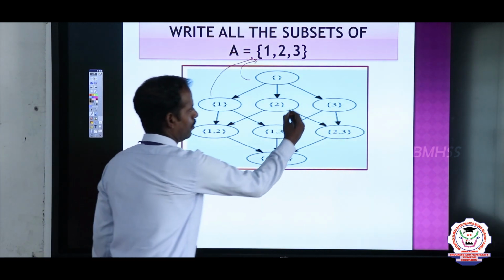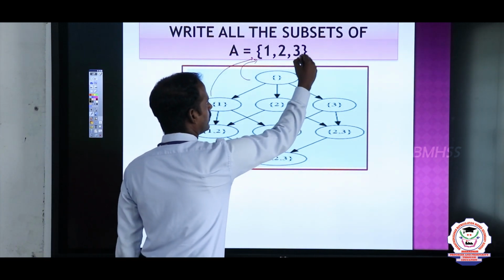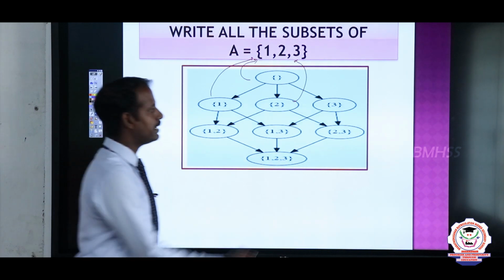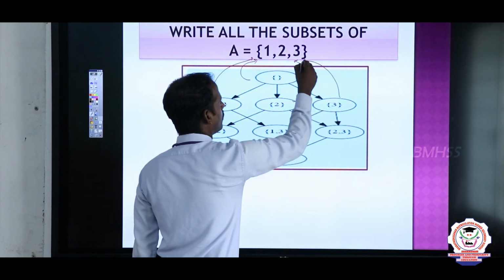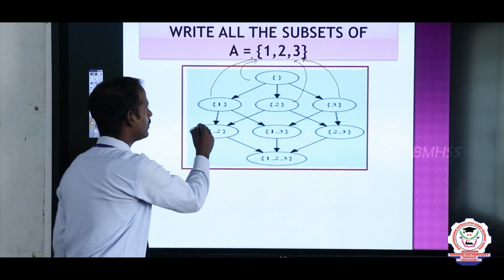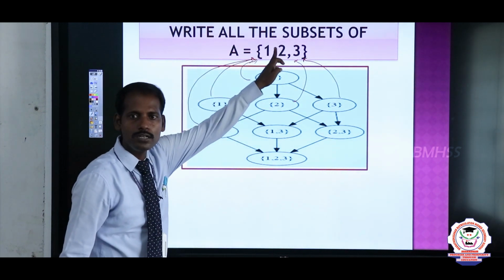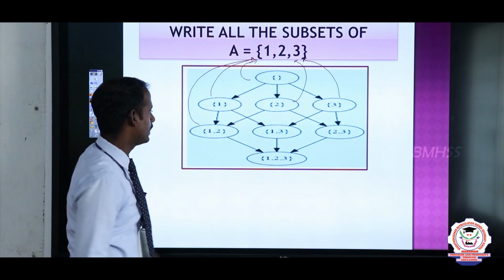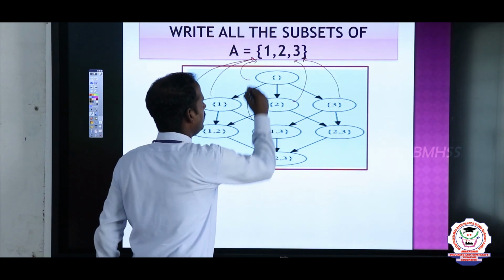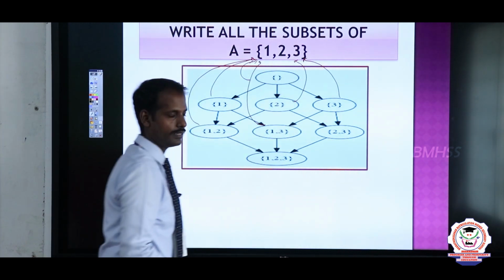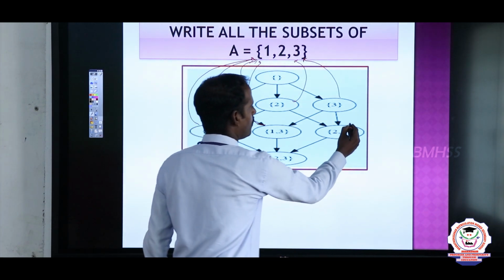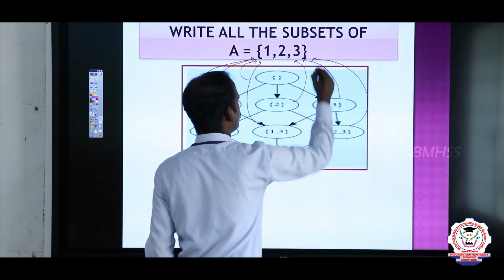Then {2}, and {3}, are subsets of {1, 2, 3}. Then {1, 2} is also a subset of {1, 2, 3}. Then {1, 3} is a subset, and next {2, 3} is a subset of {1, 2, 3}.